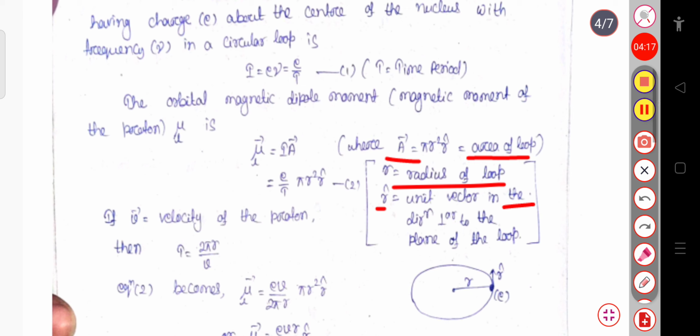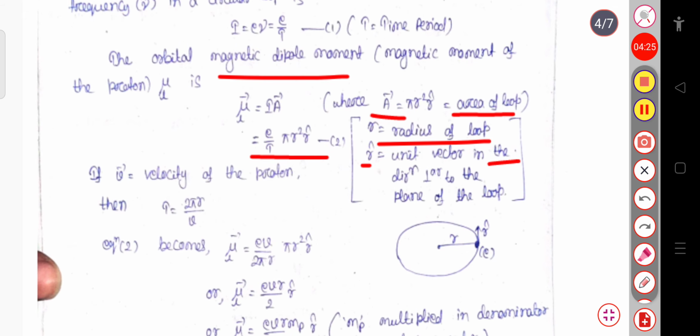So finally the orbital magnetic dipole moment we get is equal to e by T into pi r square into r cap. If v is the velocity of the proton, then we can write T equal to 2 pi r by v.